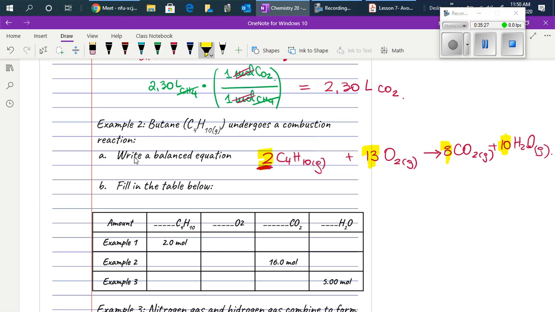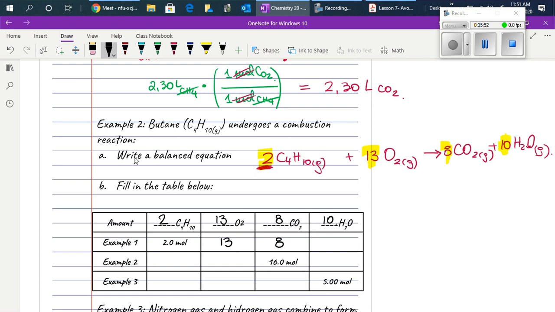So if we have 2 moles of butane, then we will need 13 moles of oxygen, which will produce 8 moles of carbon dioxide and 10 moles of water. Those are the coefficients.